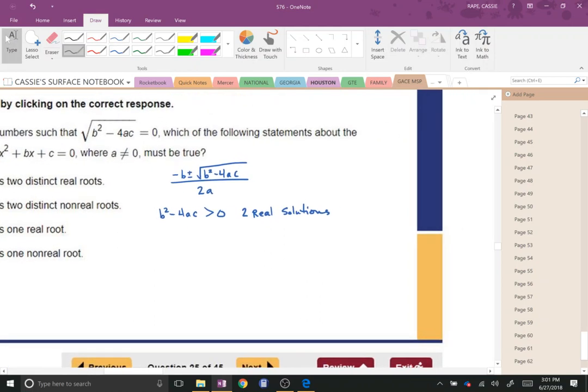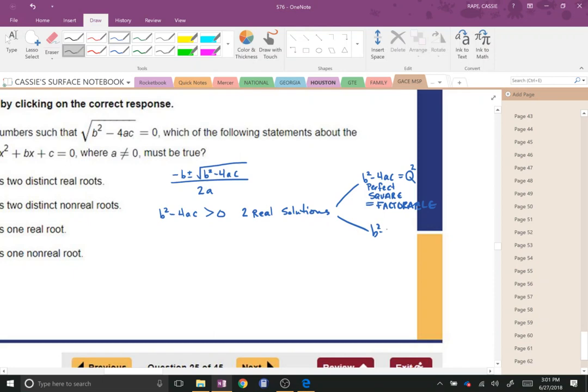In fact, you have 2 real solutions. And from there, if b squared minus 4ac is equal to some quantity squared, if it's a perfect square, then you should have been able to factor it. So, factorable.